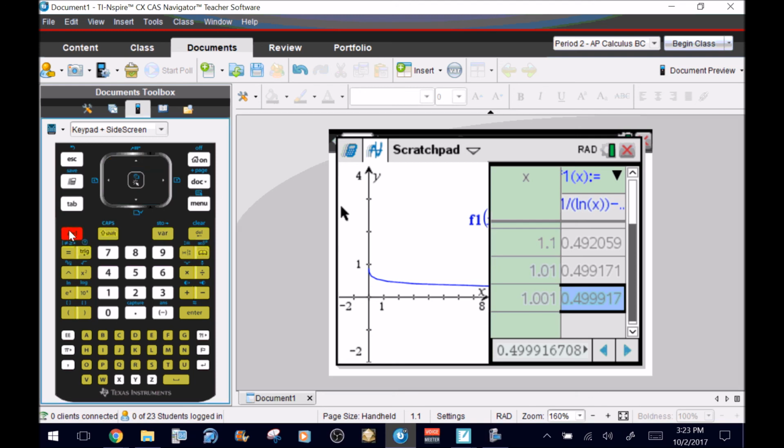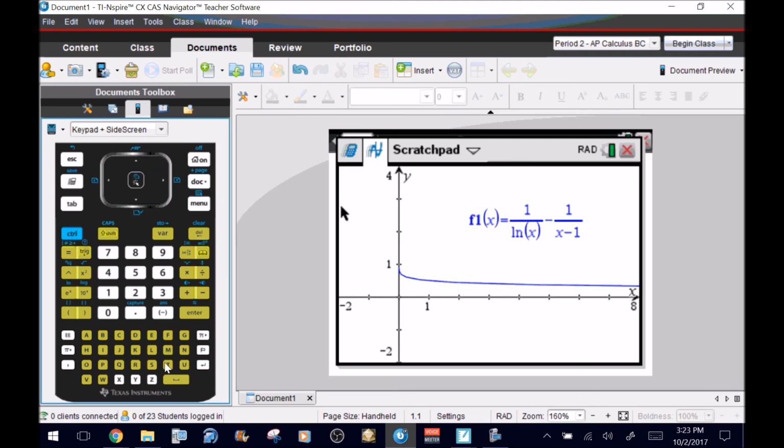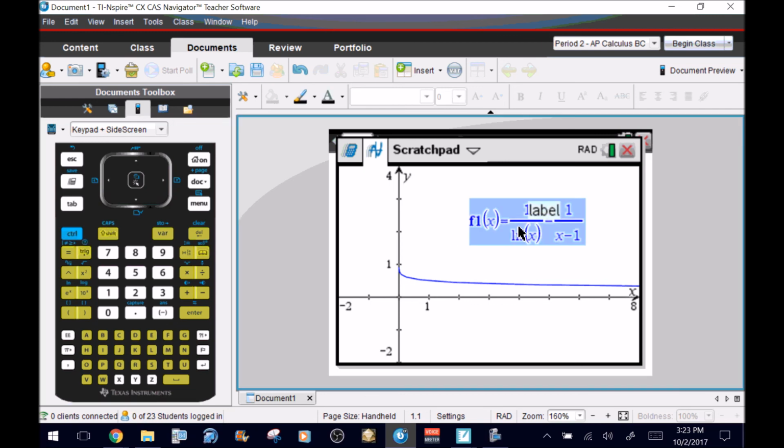Now, because the calculator that I am dealing with is a CAS calculator, computer algebra system, I could take this function and actually allow the calculator to take its limit. So I'm going to see if I can just copy and paste this so I don't have to retype it.